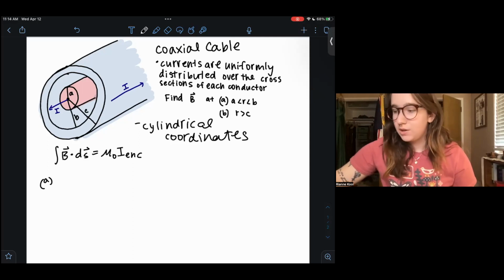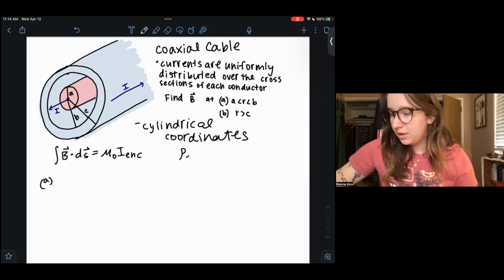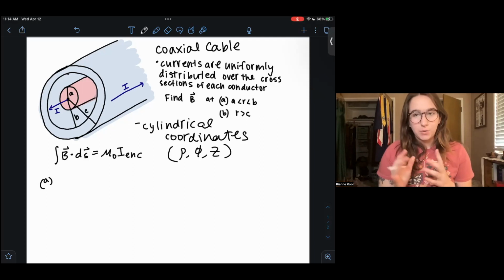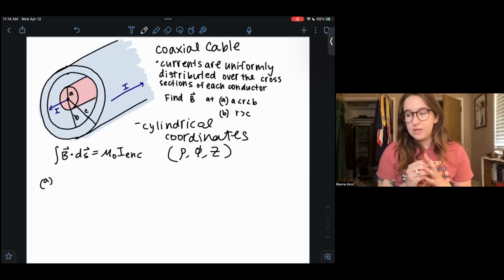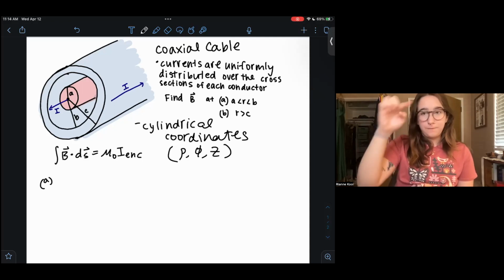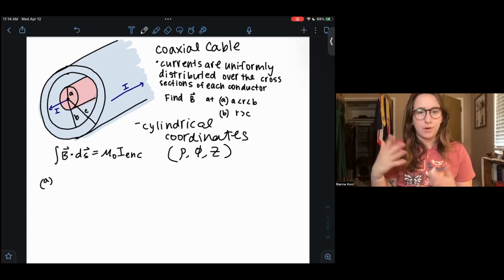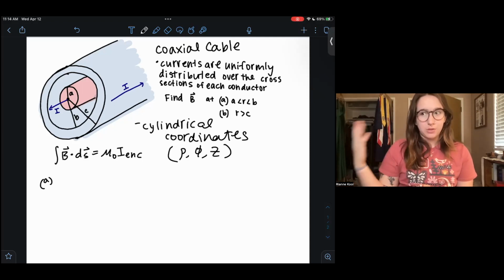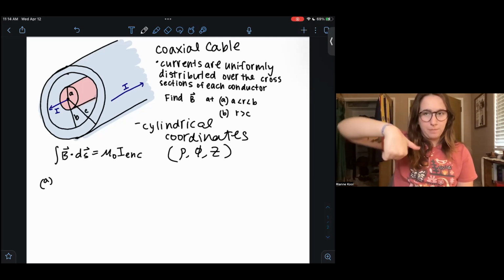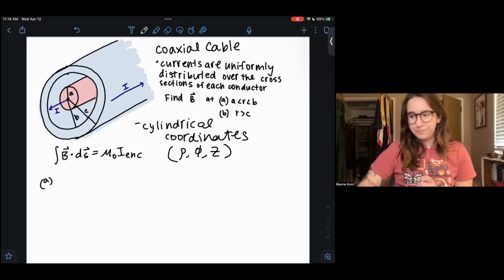We're going to assume that our I is in the z hat direction, and the phi hat direction is what our B field is going into. Again, it's just the right-hand rule: you put your thumb toward the direction of the current and the B field wraps around it.